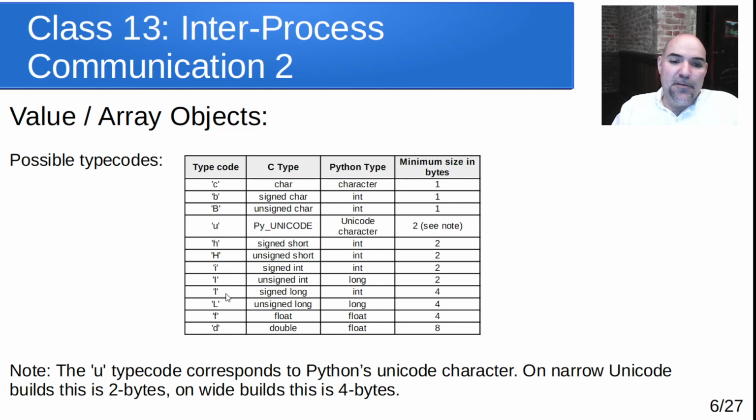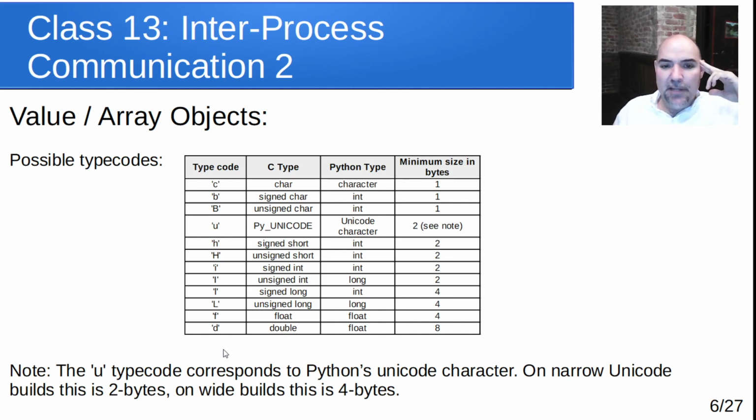You'll notice that the capital letters are the unsigned version and the lowercase letters are the signed version. That continues down here, so there's an int, a long, a float, and a double. Note that the u type code corresponds to Python's Unicode character.